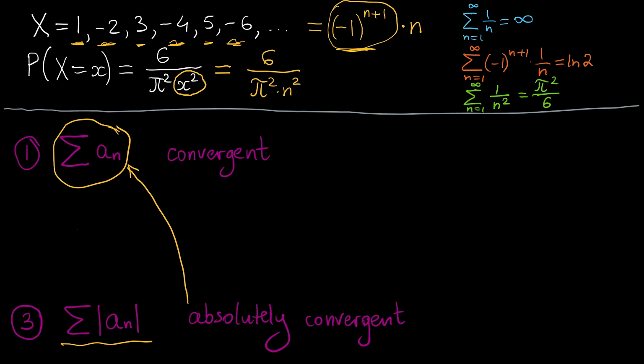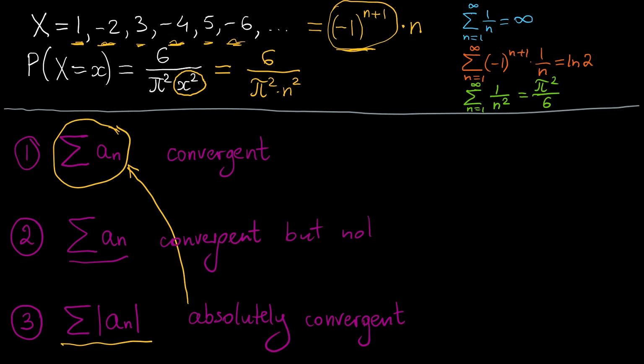And finally, we're now ready for the second case. If we have a series such that this is convergent but not absolutely convergent, in other words, the sum of the absolute values of a_n is not convergent, then such a series is called conditionally convergent.